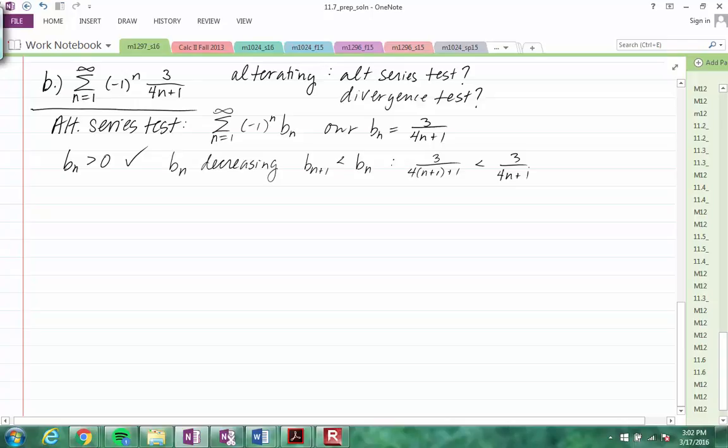So here is b sub n plus 1 less than b sub n, and then the algebra involved here is to multiply both sides, clearing the fractions. So we're going to have 3 times quantity 4n plus 1 is less than 3 times quantity 4n plus 1, plus 1.